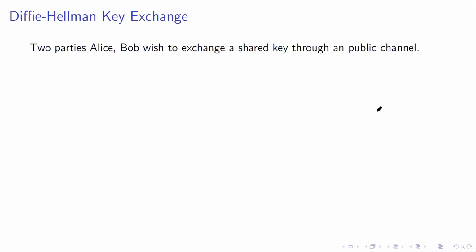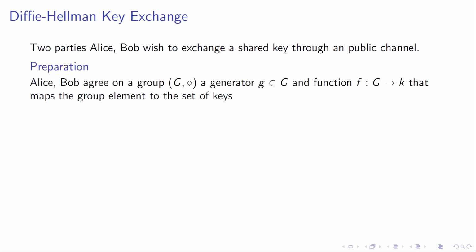Okay, so for Diffie-Hellman key exchange, let's just use the general, as usual, Alice and Bob. There are two parties, Alice and Bob, who wish to exchange a shared key through a public channel.